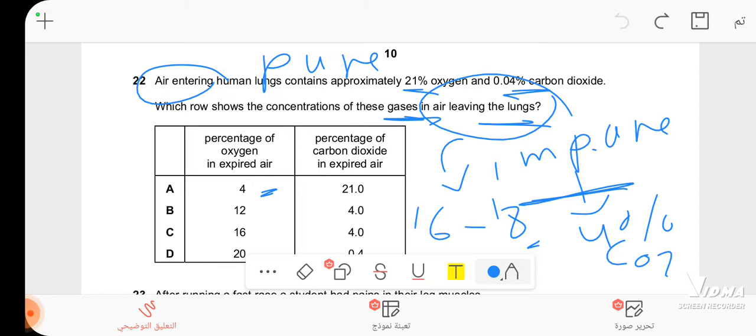Maybe right. Percentage of carbon dioxide, no. Percentage of oxygen, no, this is wrong. Percentage of oxygen is, as we said, 18 or 16. Percent of oxygen in expired air, 12, wrong. 16 may be right. And percent of carbon dioxide, CO2, 4, yes, right, and this is right, so C is right.